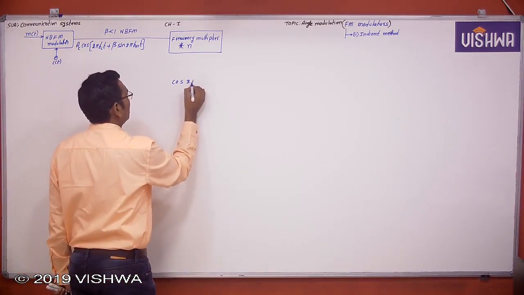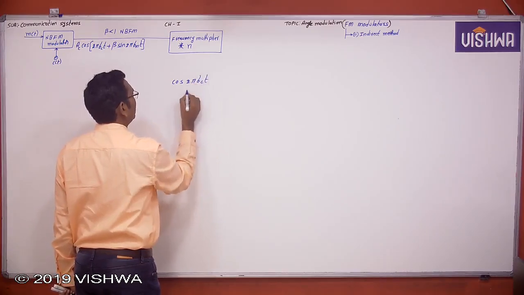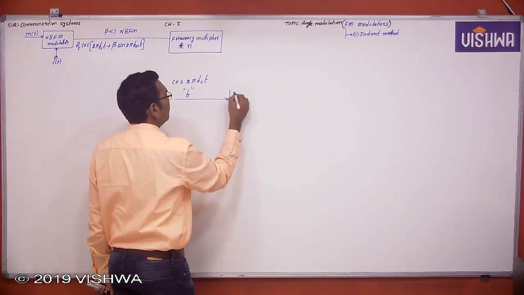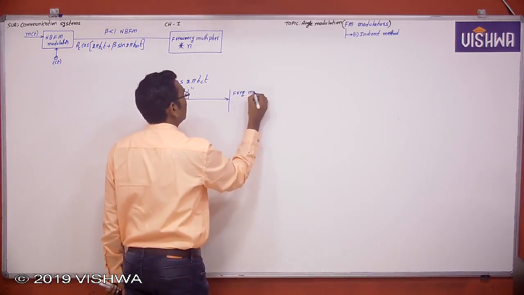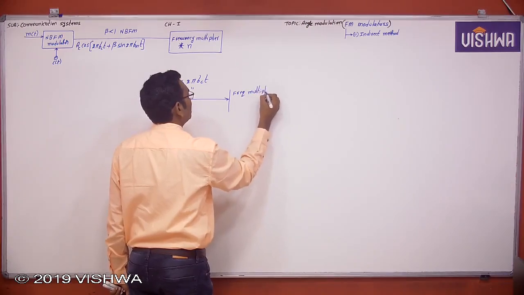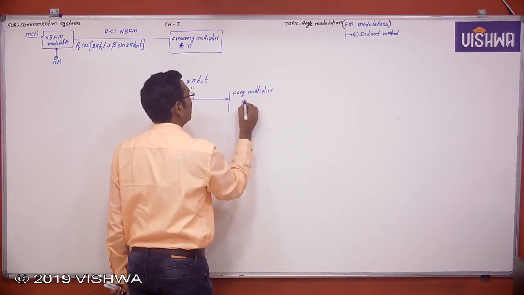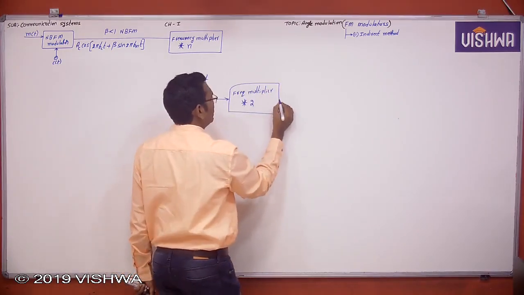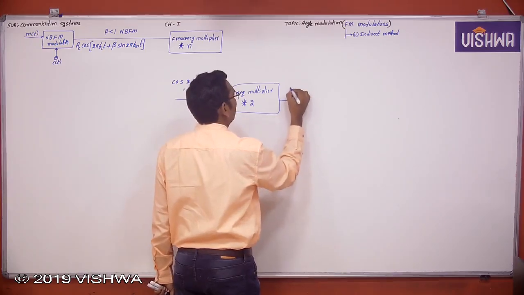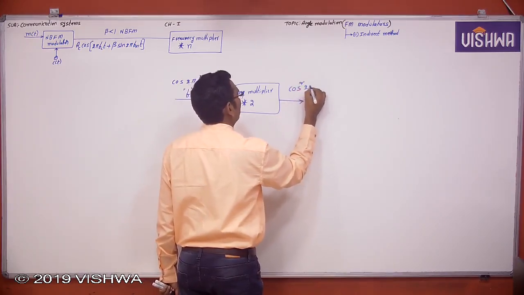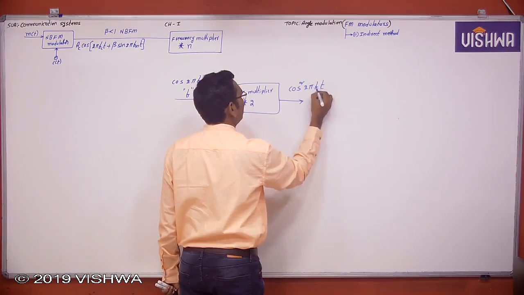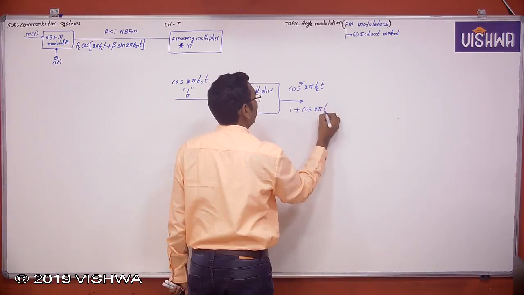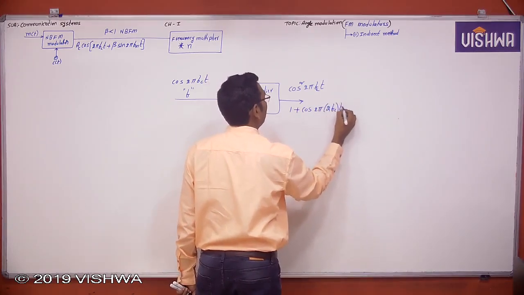Now this is cos 2 pi fc t, frequency fc. This is applied to a frequency multiplier of multiplication factor 2. The output is cos square 2 pi fc t, which is nothing but 1 plus cos 2 pi into 2fc into t over 2.